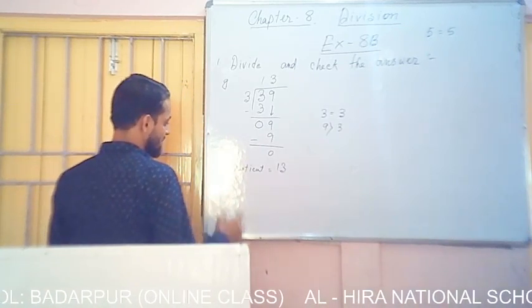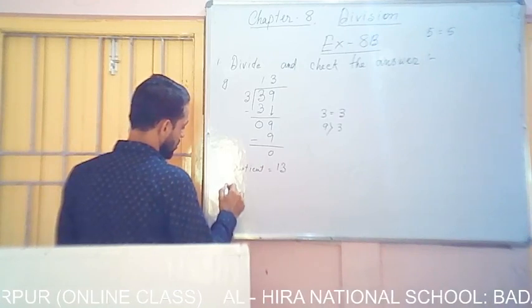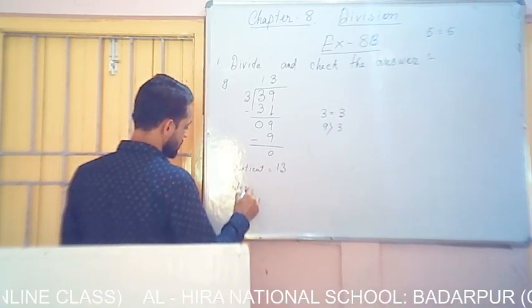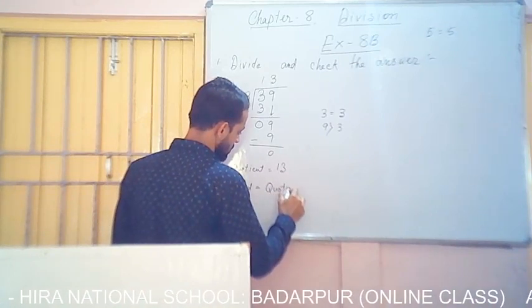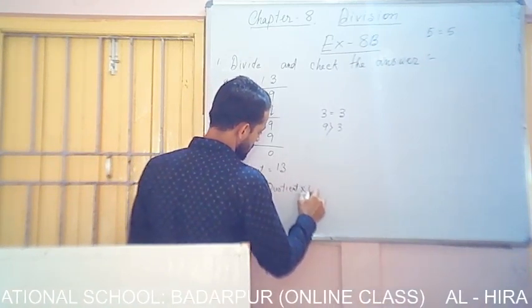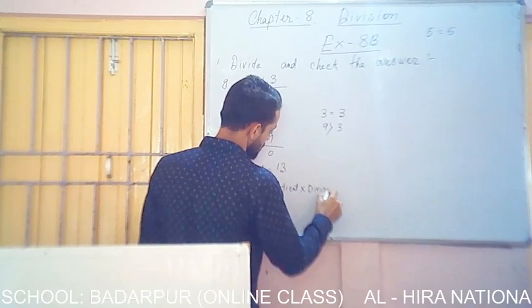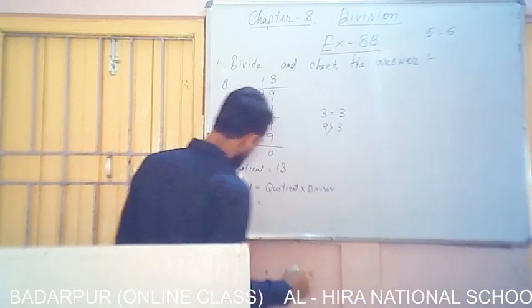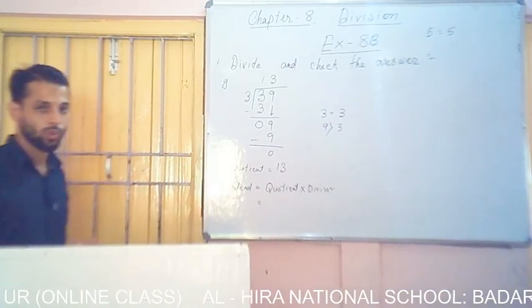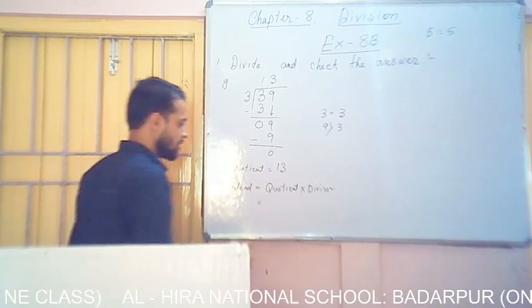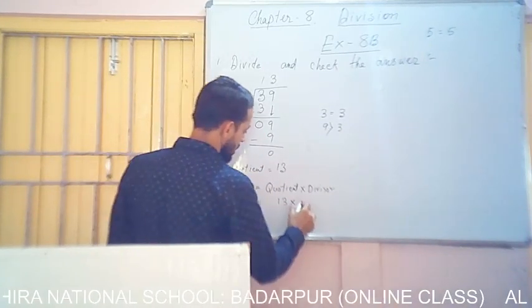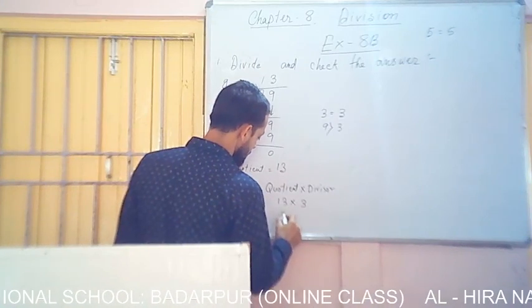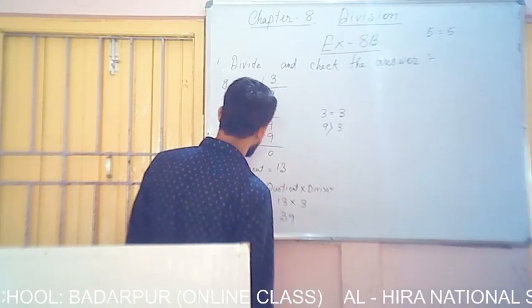We have to check whether the answer is correct or not. So dividend equal to quotient into divisor. Here the quotient is 13 and the divisor is 3. So 13 multiplied by 3 equal to what? 39.